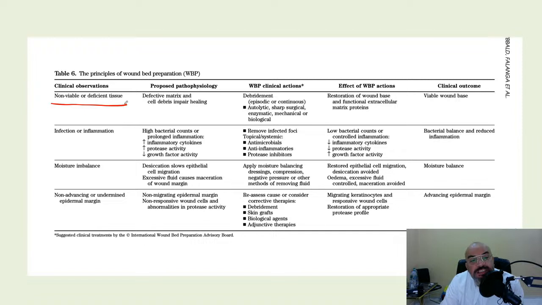If this dead tissue is stuck on the wound, it will be the first barrier for the wound healing process to happen. Why will it be the first barrier? Why does the body by itself try to perform autolytic debridement? If you have dead tissue on your body, the body by itself will try to minimize the amount of this tissue and extract it out.